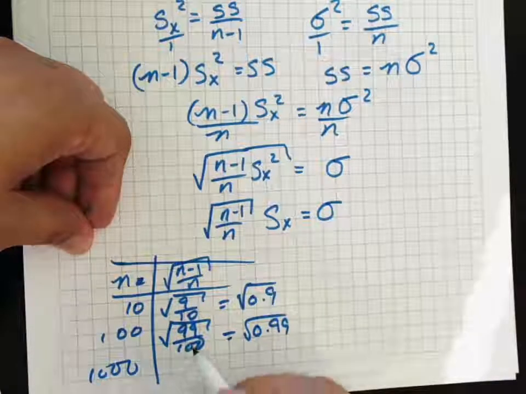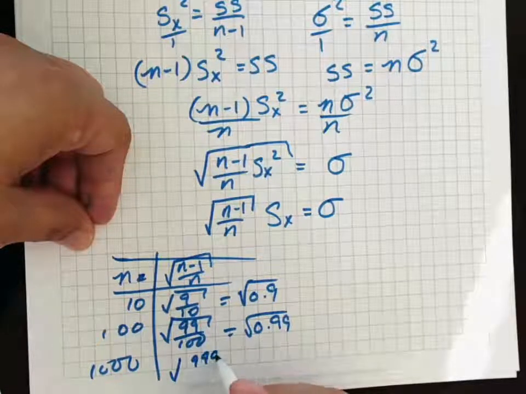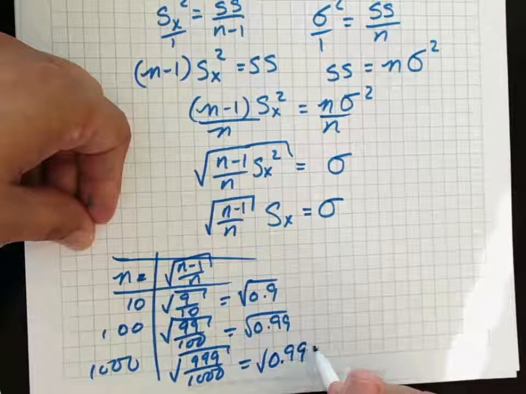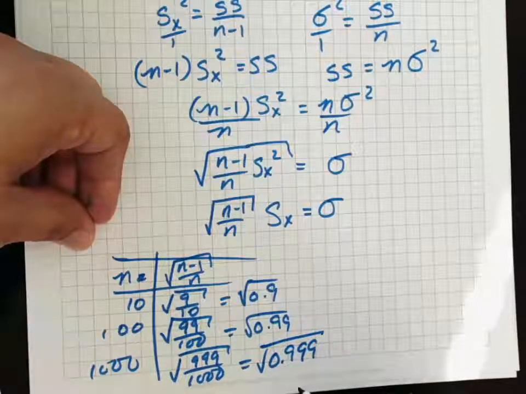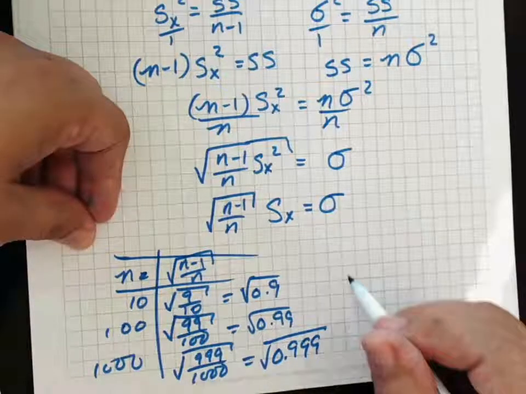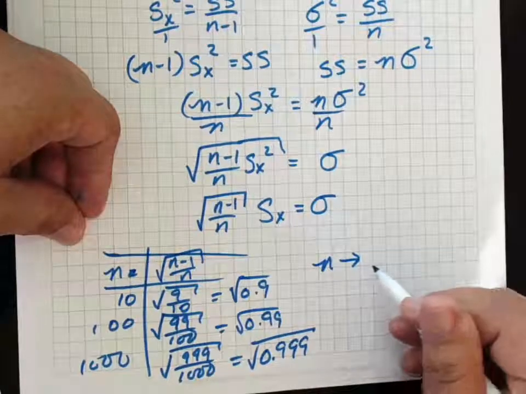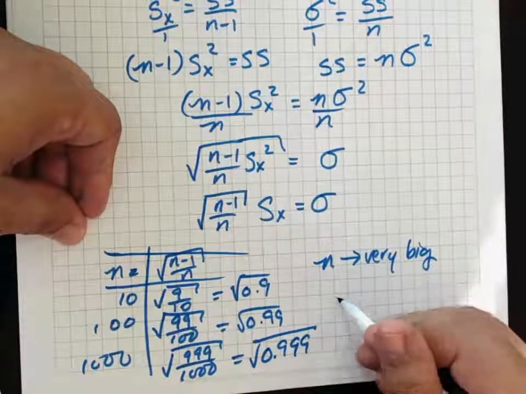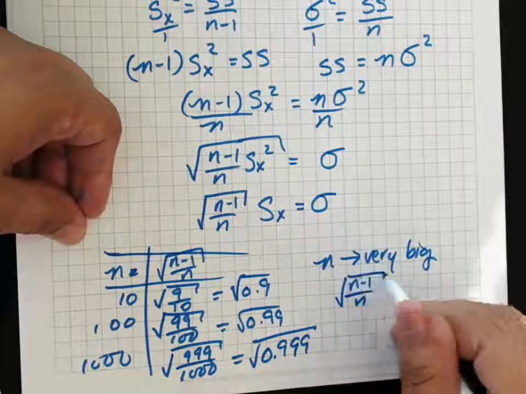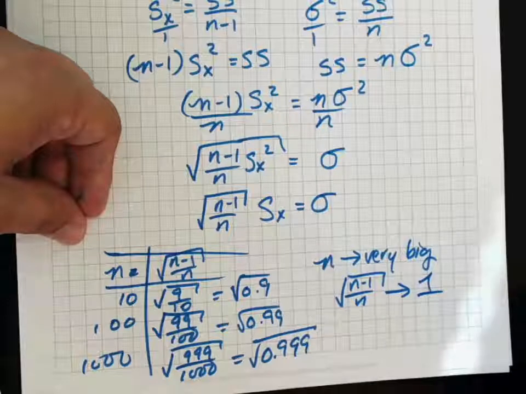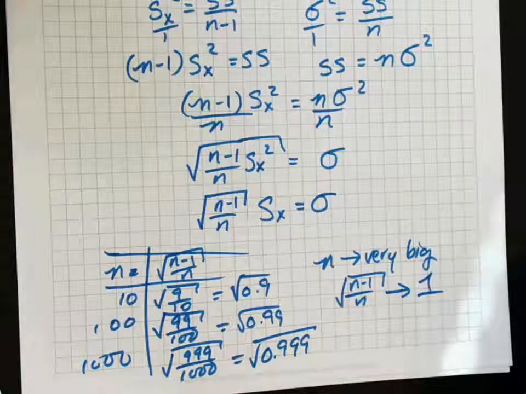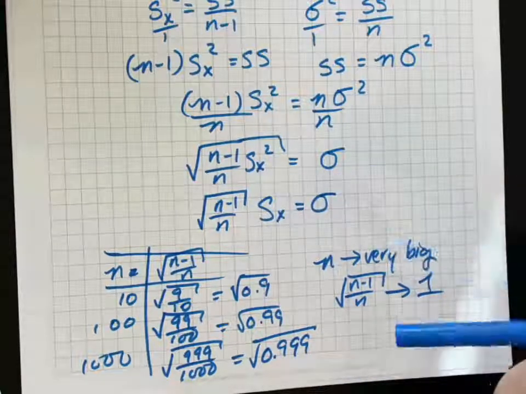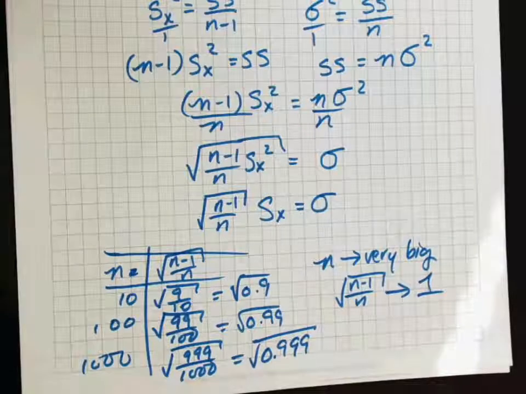If I put in 1,000, it's the square root of 0.999. So what number am I approaching? The number I'm approaching is 1, which means that for very large n's, if you took a pre-cal and did limits, n minus 1 over n goes to 1, and the square root of 1 is 1. That tells me that for very large samples, the population standard deviation and the sample standard deviation are pretty much going to be the same.